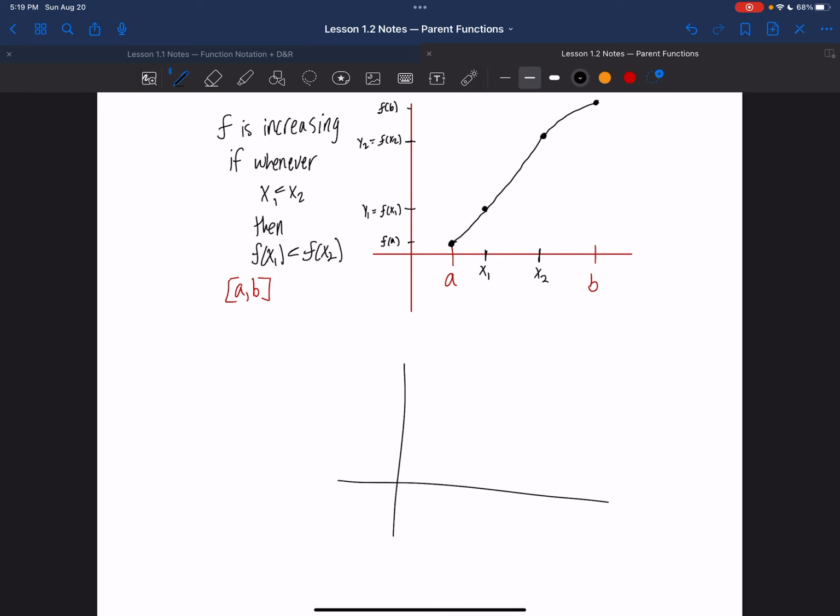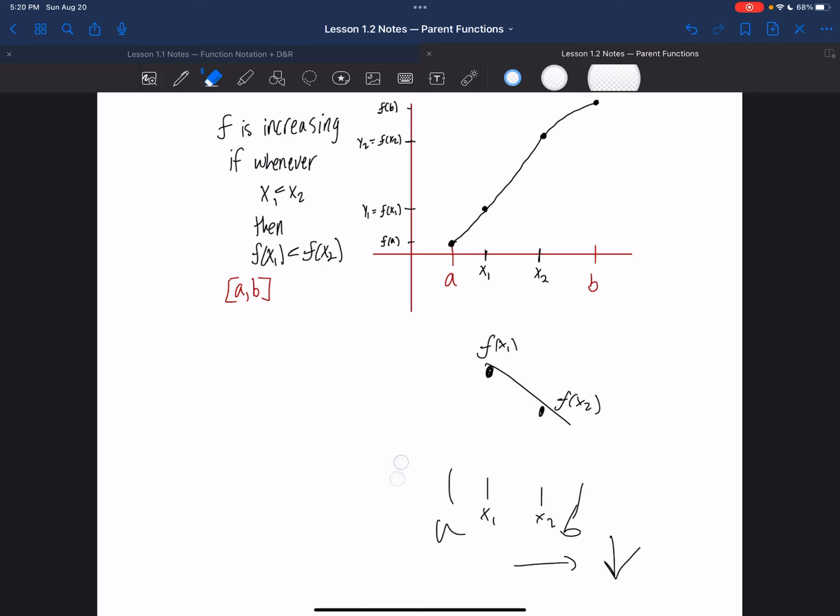I'm not even going to really keep this graph, but if I'm in the interval AB, here's x1, here's x2, then if it's decreasing, f of x1 needs to be up here, and f of x2 needs to be down here, right? And so that way it's going down. As x goes to the right, y goes down, okay? And it needs to work for any choice of two values within that interval, okay? And so that's what's meant by increasing, decreasing.